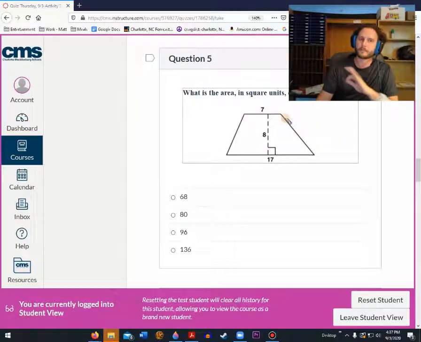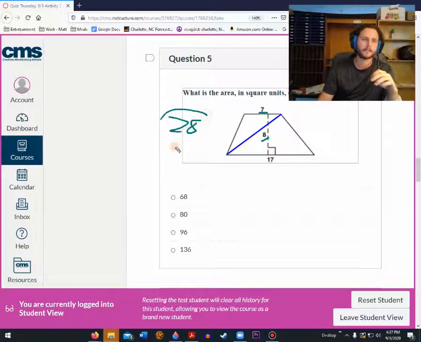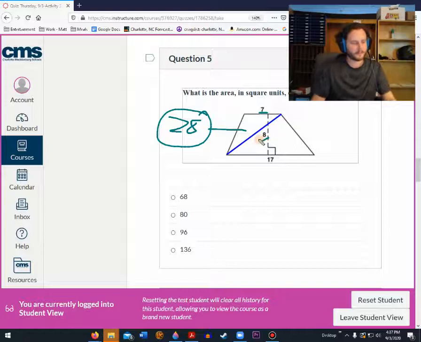Number 5, solved exactly the same way. Cut it into 2 triangles. That was a terrible line. I'm not even going to let that stand. 2 triangles. One triangle is 7 by 8. 7 times 8 is 56. Divided by 2 is 28 for this top triangle. This bottom triangle is 17 times 8 divided by 2.